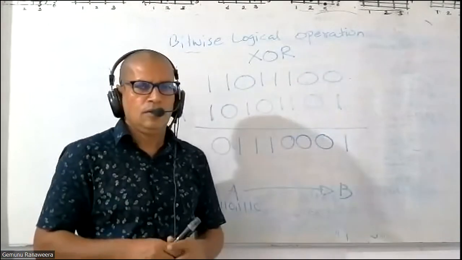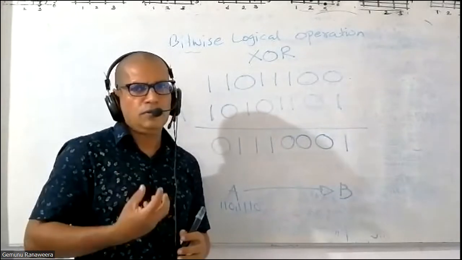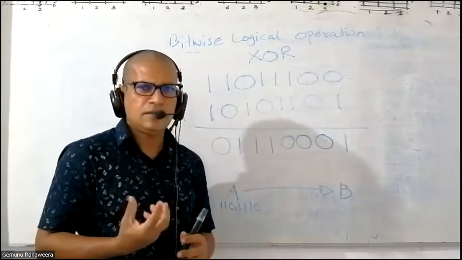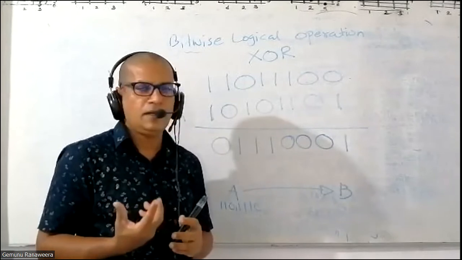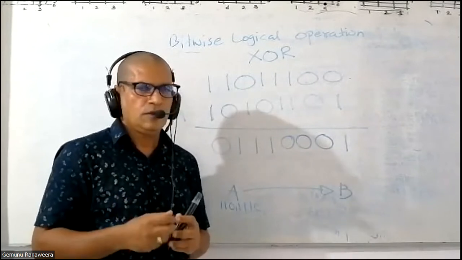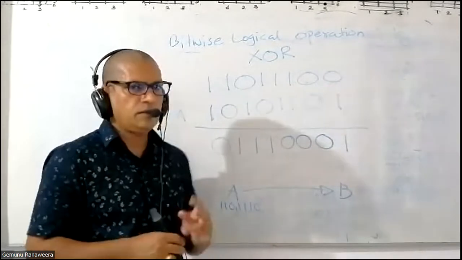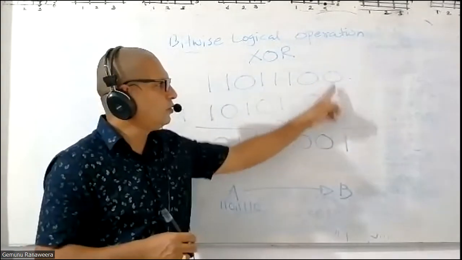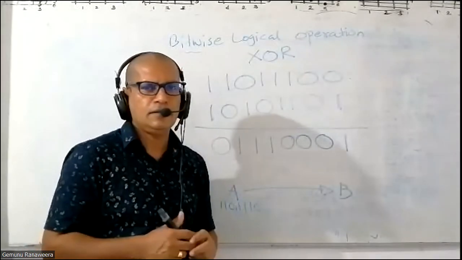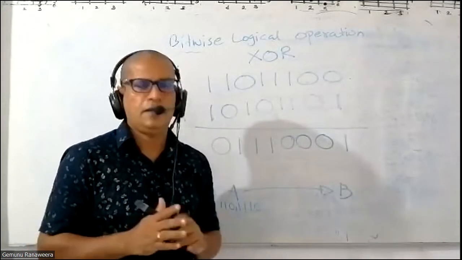For the addition of bits, you really have to create circuits inside the computer. A very simple circuit used to add 2 bits is one we have to learn, called the half adder.